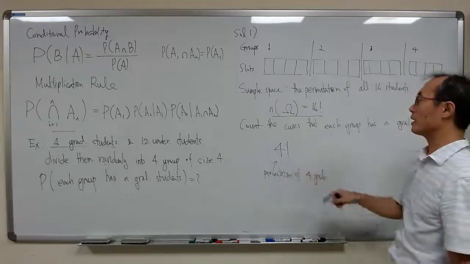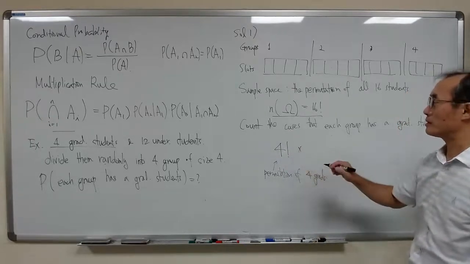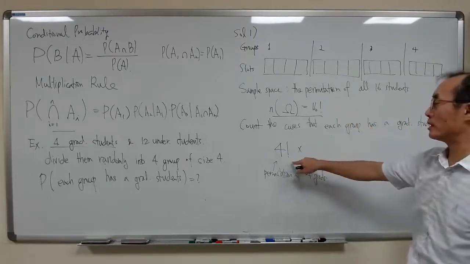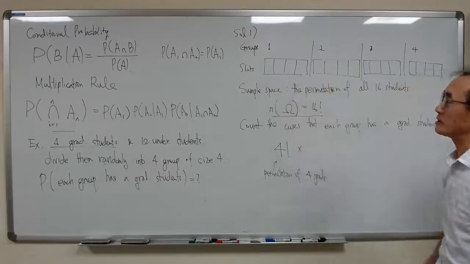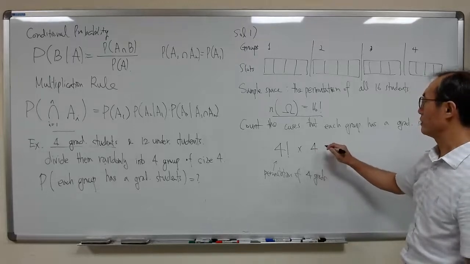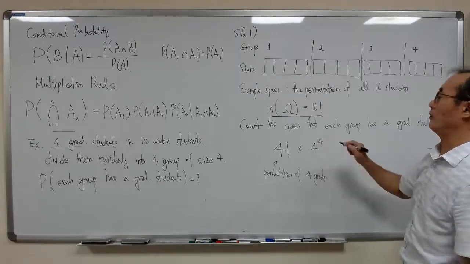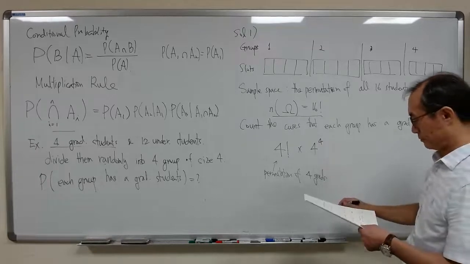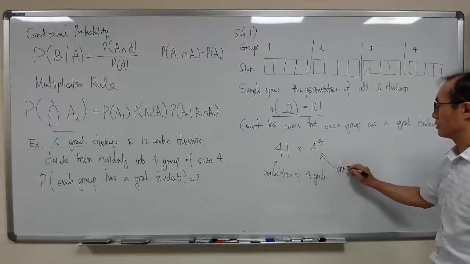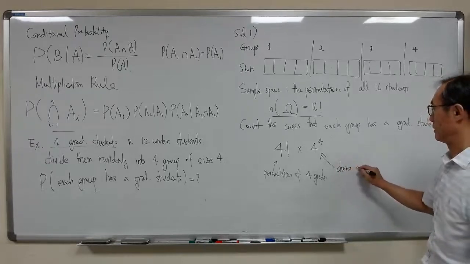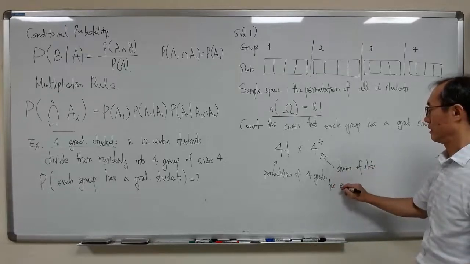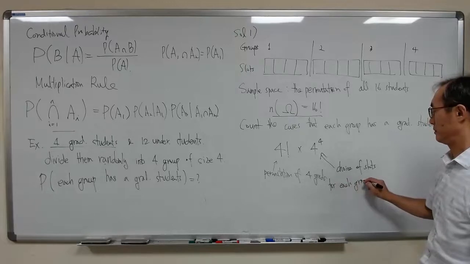So when you count the cases like this, you have to consider the position of these 4 graduate students, at which of these slots. So we need to take 4 to the power of 4. These numbers account for the choice of slots for each graduate student.